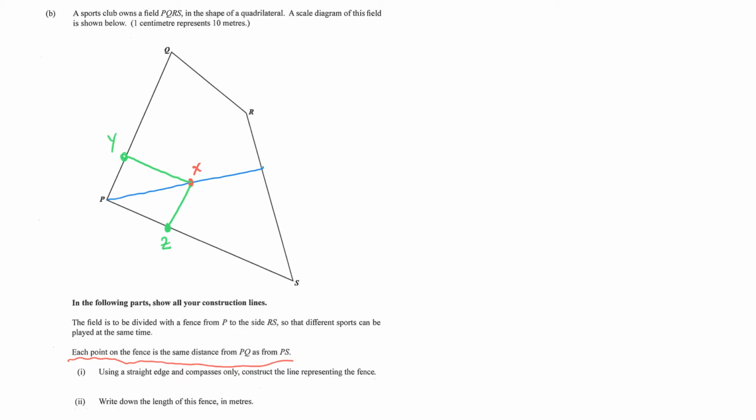So notice that we formed 2 triangles here. Triangle PYX and triangle PZX. Notice that the angle here at the vertex Y is a right angle, and also the angle at vertex Z is a right angle. And we also know that both of these triangles share the side PX.